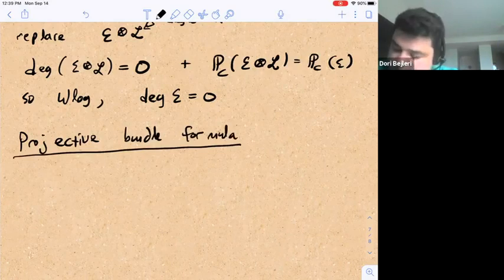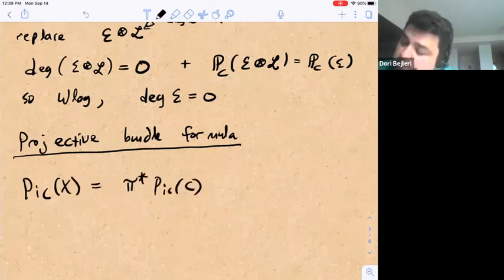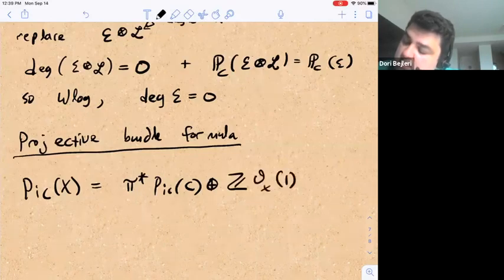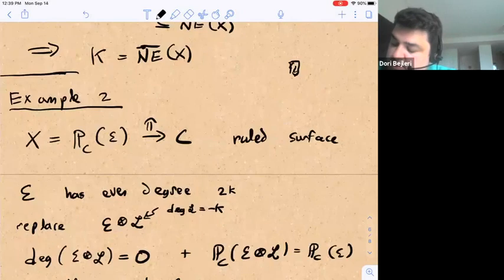But here's what it says for Pic. In this example, the Picard group of X is the same as pullbacks of line bundles on C, direct sum Z O of 1, where this O of 1 is the universal O of 1 on this projective bundle.